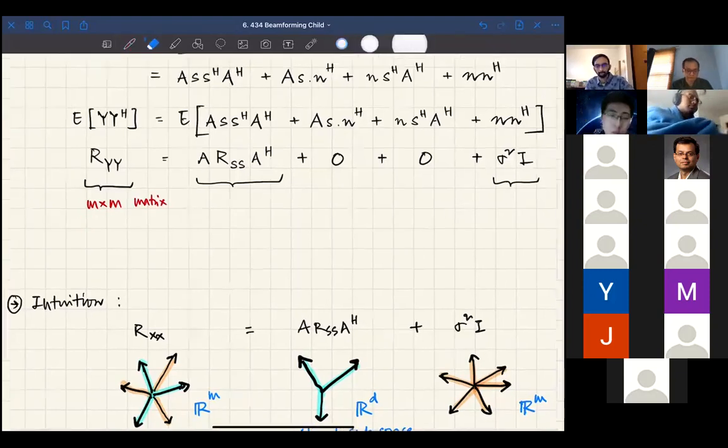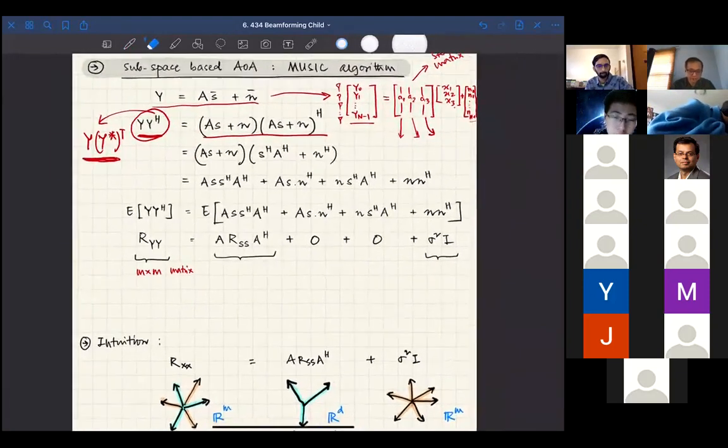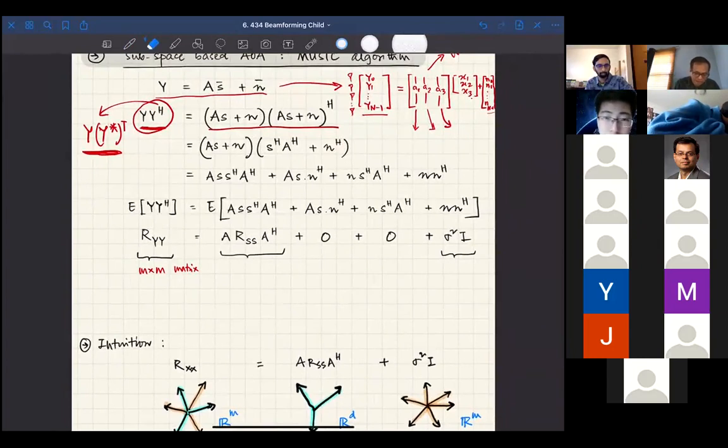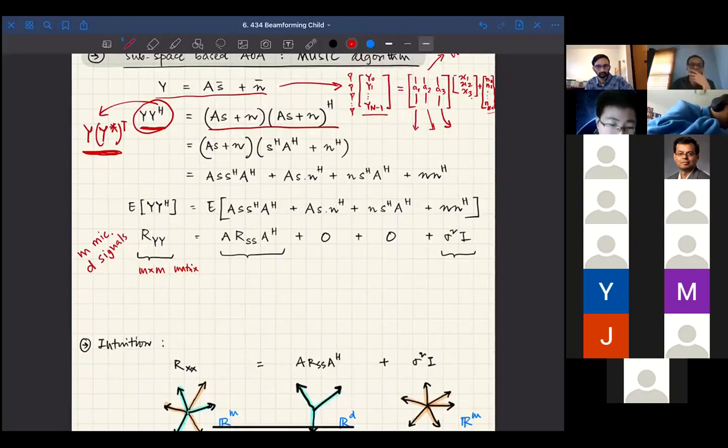You agree? Y is, let's say M microphones. We have M microphones and we have D signals. Guys, does that make sense? So this is an M cross M matrix. Y is the M dimensional vector, Y Hermitian, right?